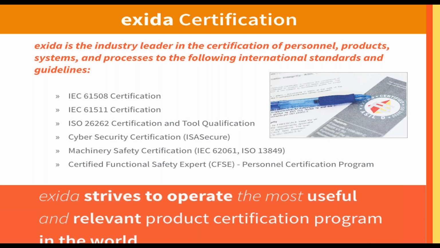We also have certification for functional safety, IEC 61508 and 511, tool qualification, ISO 26262, cybersecurity, machine safety, and personnel safety. So we can certify you as a personnel expert in functional safety.